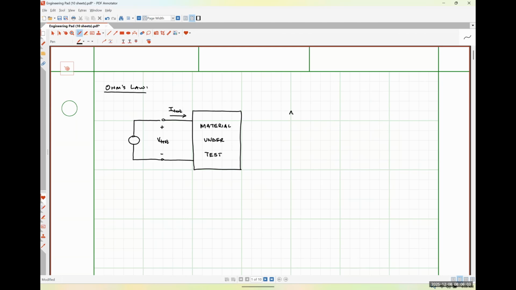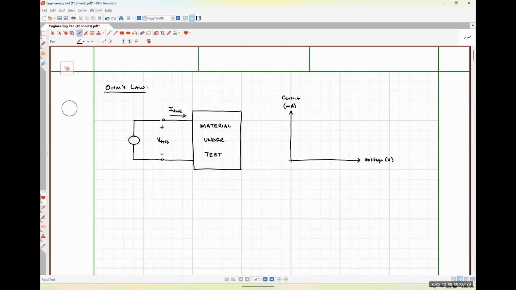So if you set things up correctly, you probably had, or should have had, voltage measured in volts on the x-axis and current measured in milliamps on the y-axis.